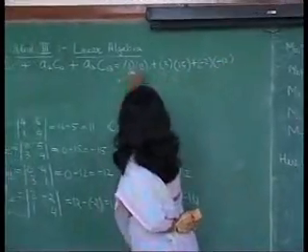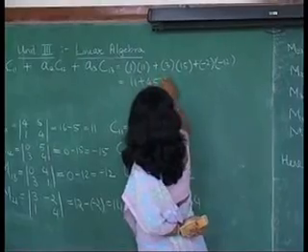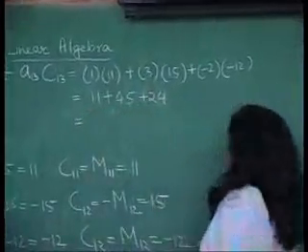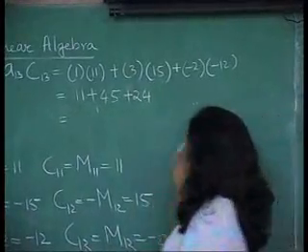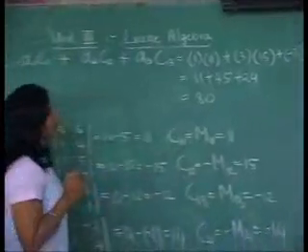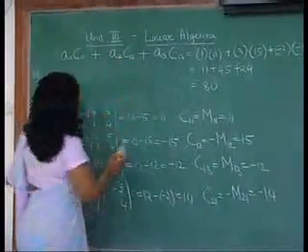So if I simplify this, I'll get 11 plus 45 plus 24, which is going to work out to be 80. So this sum works out to be 80.